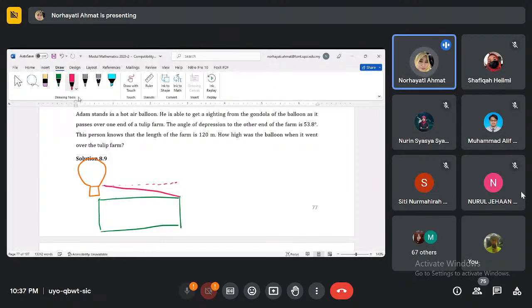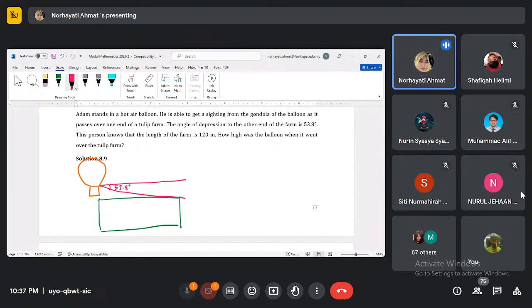Macam mana nak lukis ni? Sorry, lukisan teruk sangat. So ini mata dia kat sini. So ini dia punya side. So ini ada sudut dia 53.8 degree.